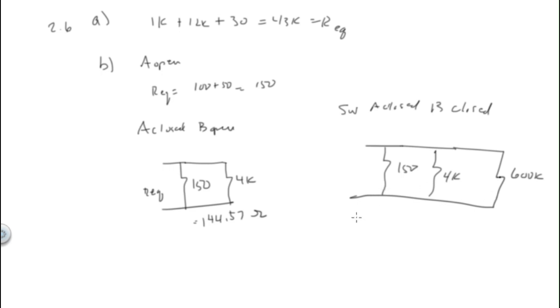Let's do it with the reciprocal rule. R equivalent is equal to 1 over 150 plus 1 over 4K plus 1 over 600K. And you got to get the zeros right. Okay, so 1 divided by 150 plus 1 divided by 4,000 plus 1 divided by 600,000 equals, and then you do the 1 over.